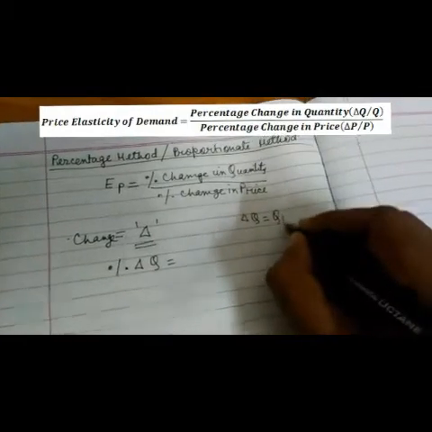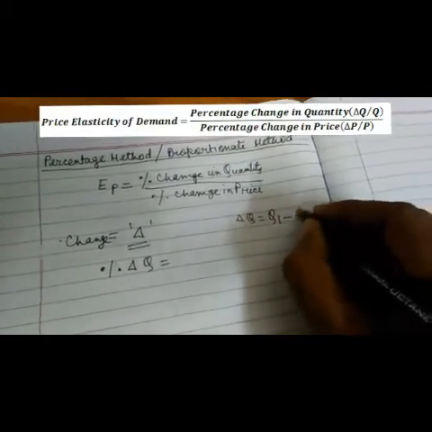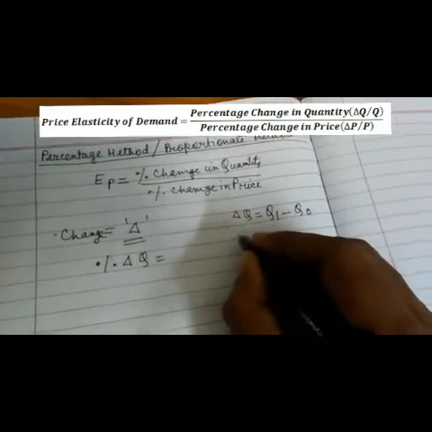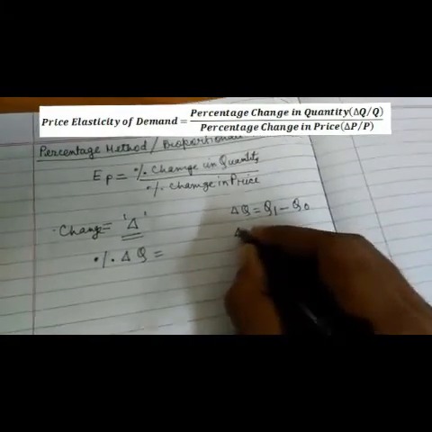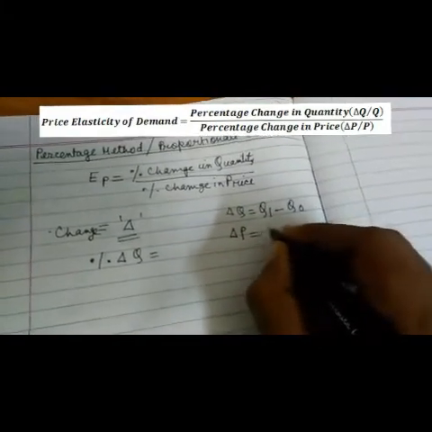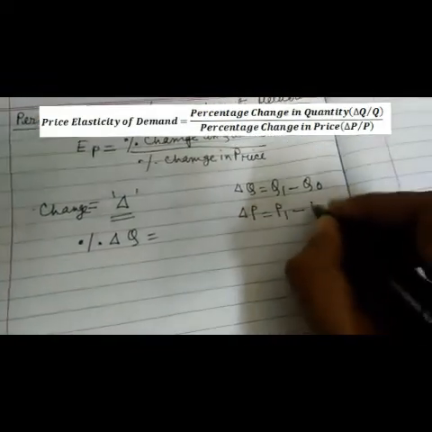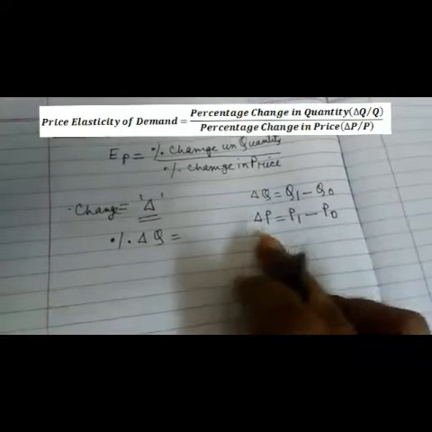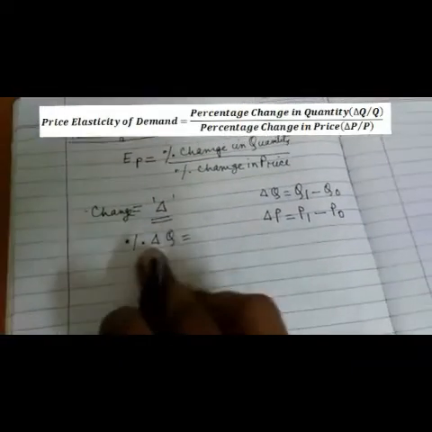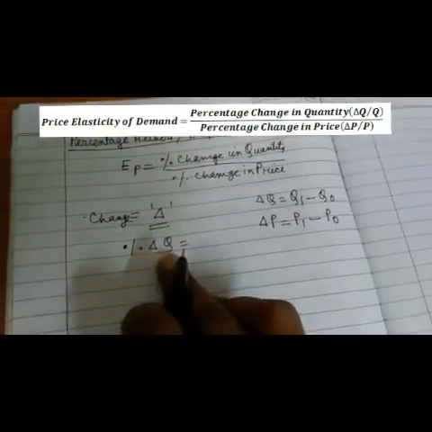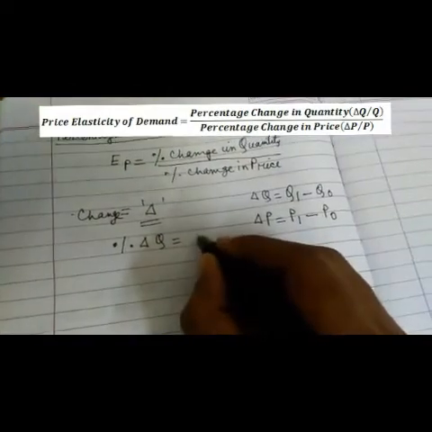Del Q is Q1 minus Q0, the present quantity minus the past quantity. Del P is the change in price, that means present price minus past price. You know this. So how to find out the percentage of del Q?